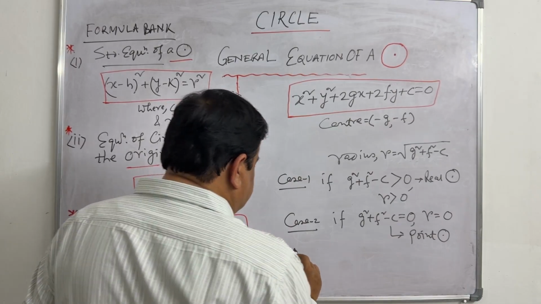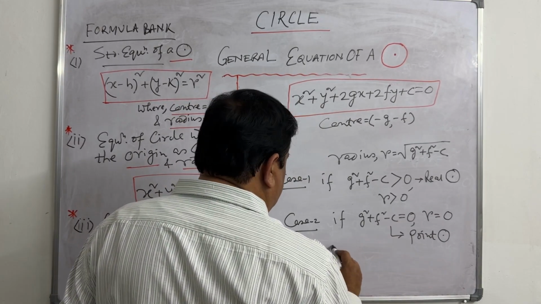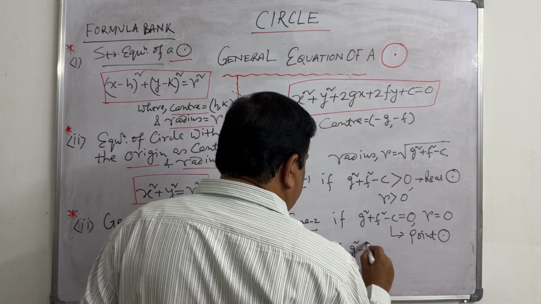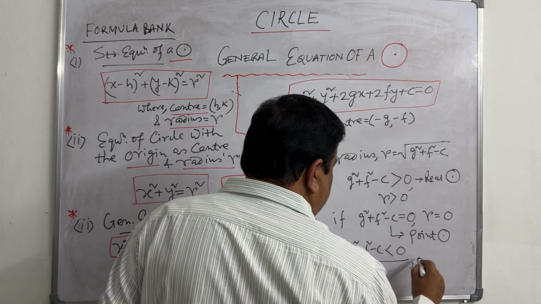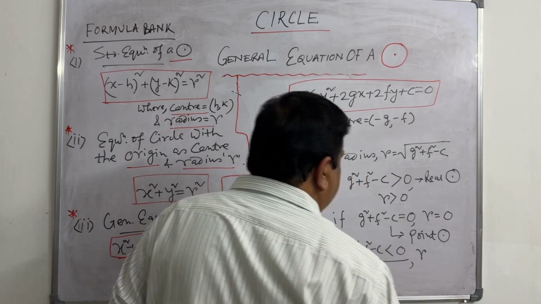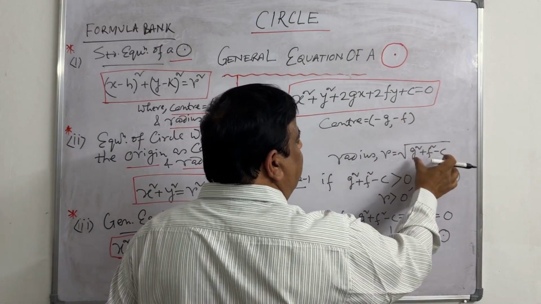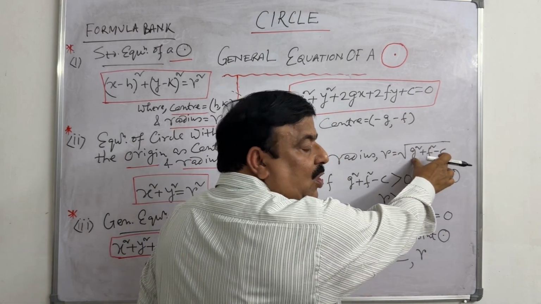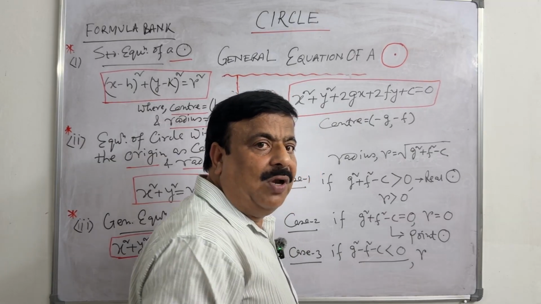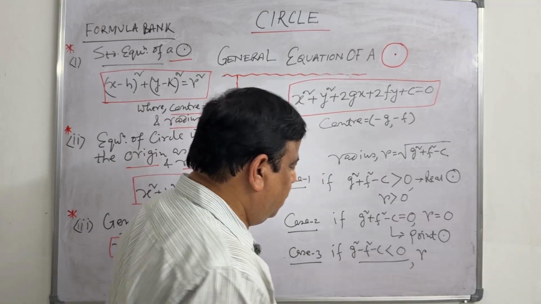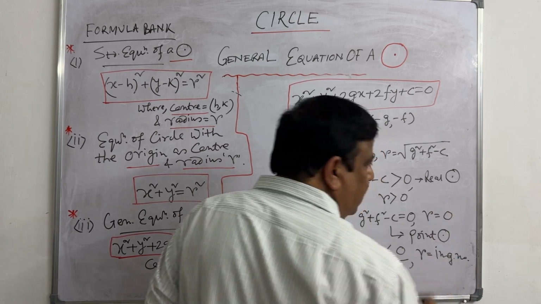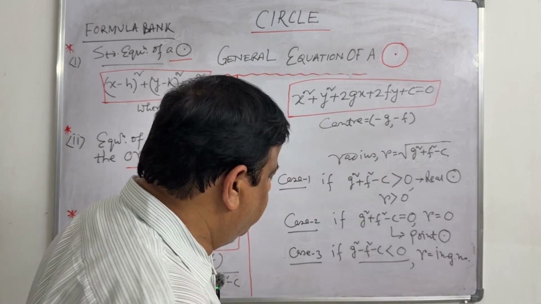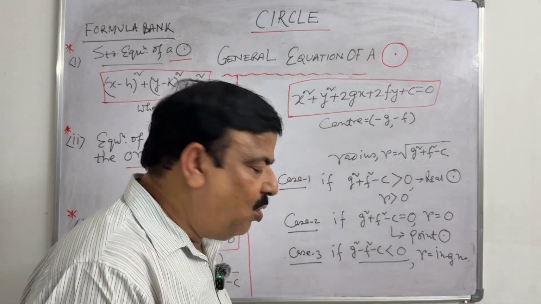Clear? And there is case 3: if g square plus f square minus c is less than 0, means if it is negative, then what will r be? Square root of any negative real number forms an imaginary number. You have already learned in my previous video. So r will be imaginary. So what will the circle be called?